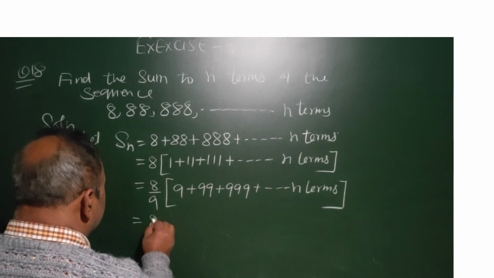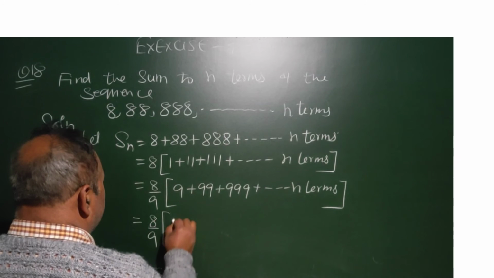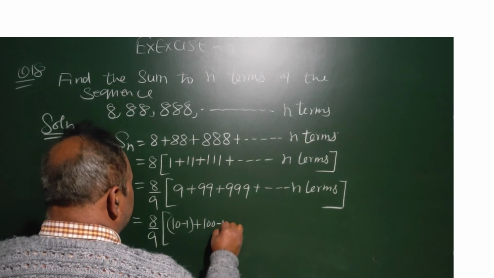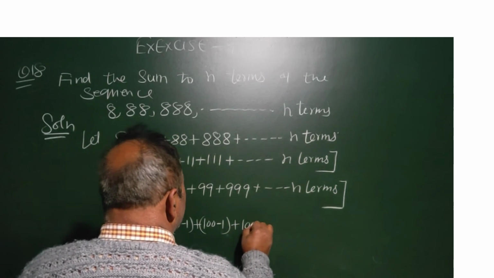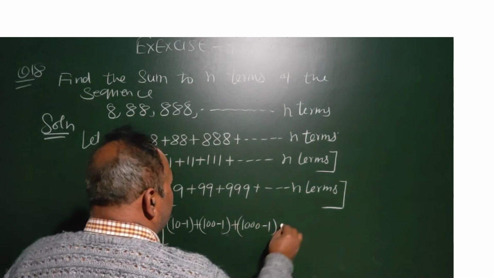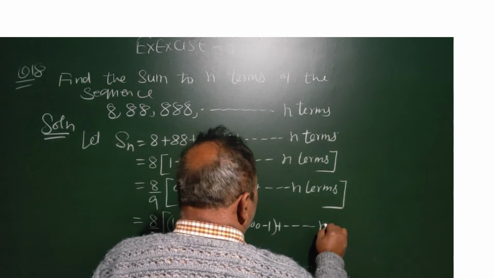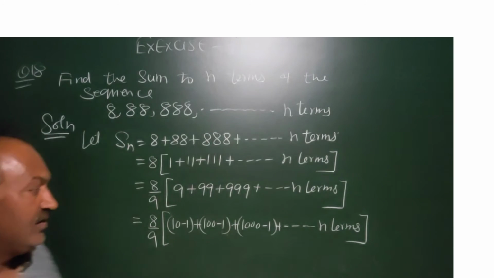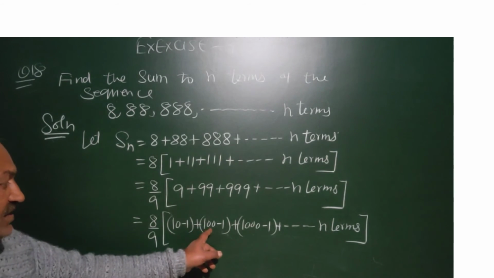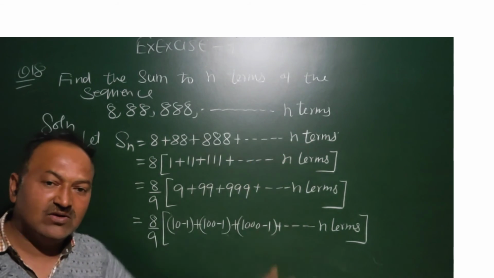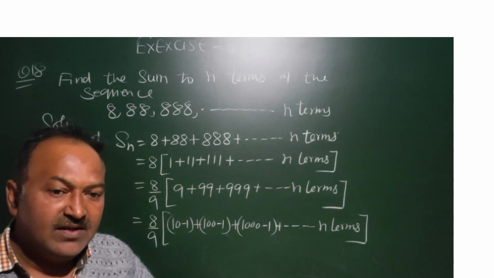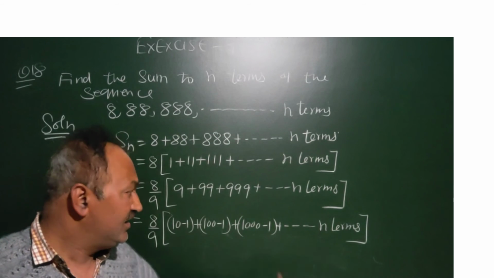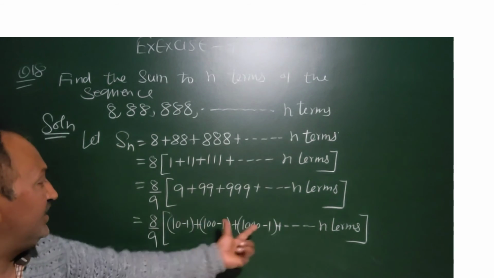That becomes 8 upon 9, 10 minus 1, plus 100 minus 1, plus 1000 minus 1, plus dot up to n terms. Now 10 plus 100 plus 1000 plus and so on is the first sequence, and minus 1, minus 1, minus 1 up to n terms.